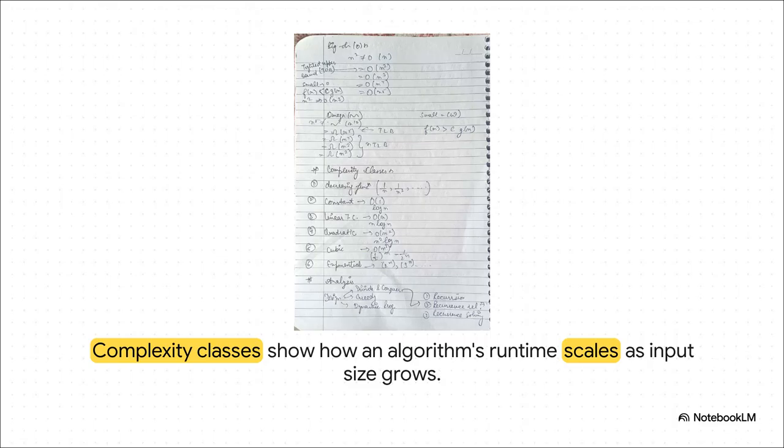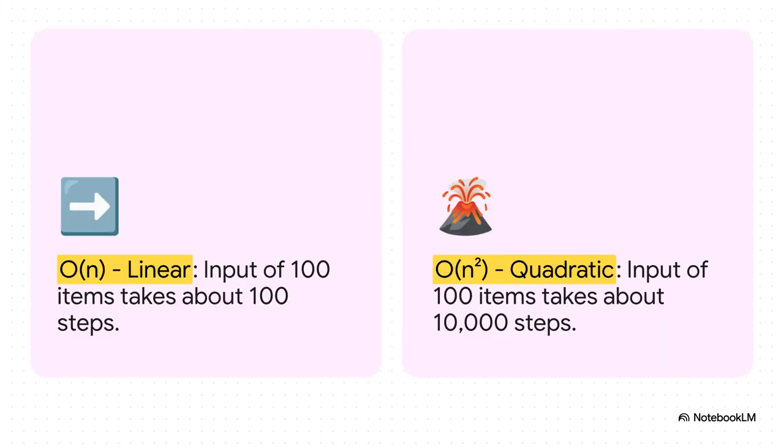And here you can see the whole spectrum, kind of like different speed limits for algorithms. Some are O of 1, or constant time. They take the same amount of time no matter what. Others are linear, scaling up nicely with the input. And then you get to the scary ones, like exponential, which, well, they get very slow, very, very fast. And this is why we care so much.